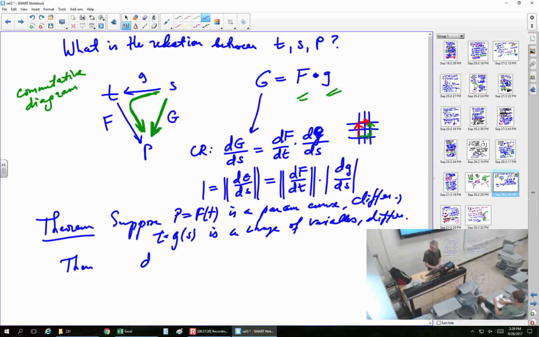So the speed of the original parameterization times the absolute value of the derivative of the substitution will help us find what it is equal to, 1.